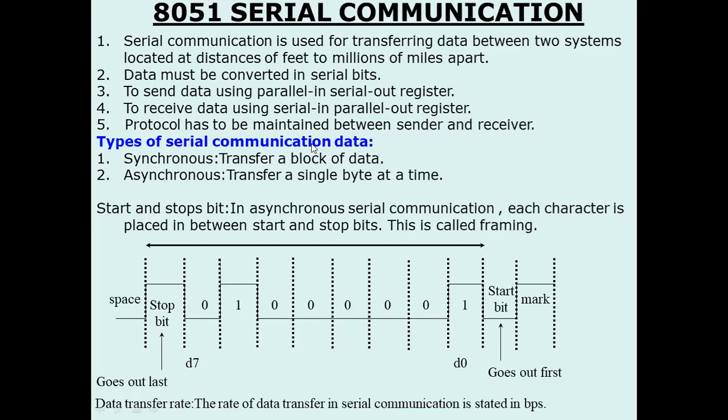Similarly, whenever data is to be transmitted, it looks for the availability of the channel, whether it is a wired communication or wireless communication, and if the channel is available and the receiver is ready to receive.